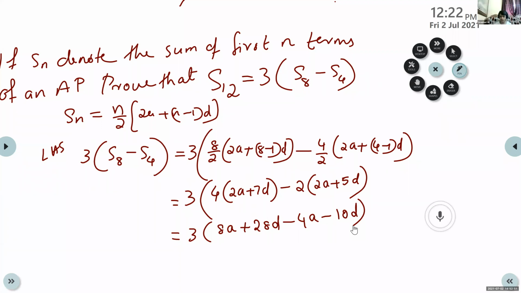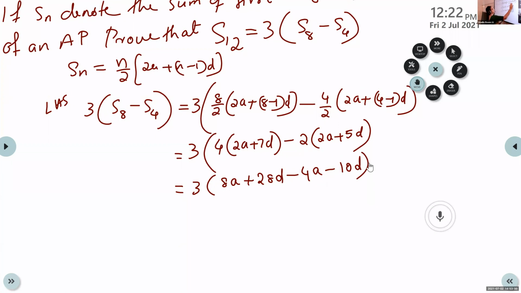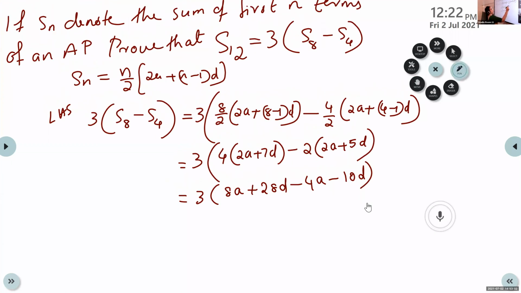No, not 5d, it should be 3d. Sorry. So it is 2a plus 3d, so it is minus 4a minus 6d.